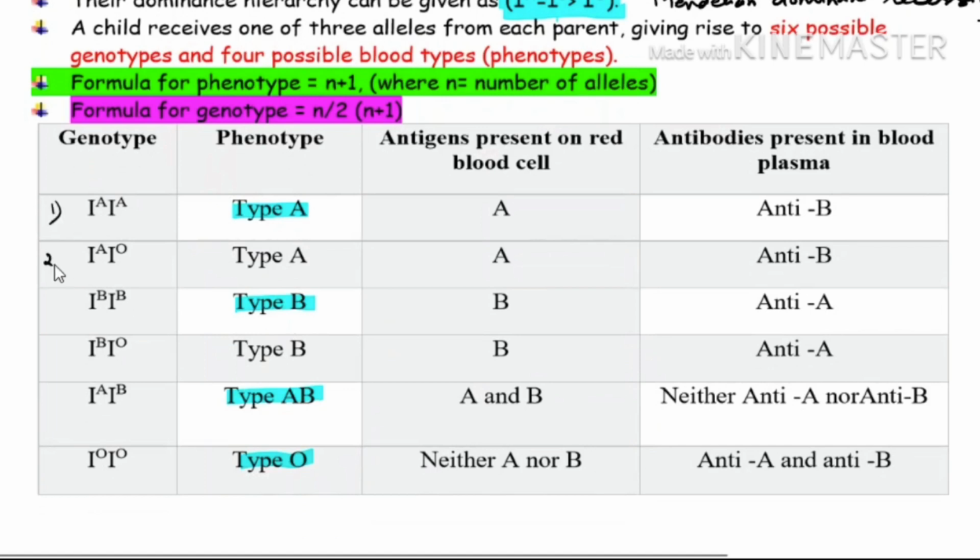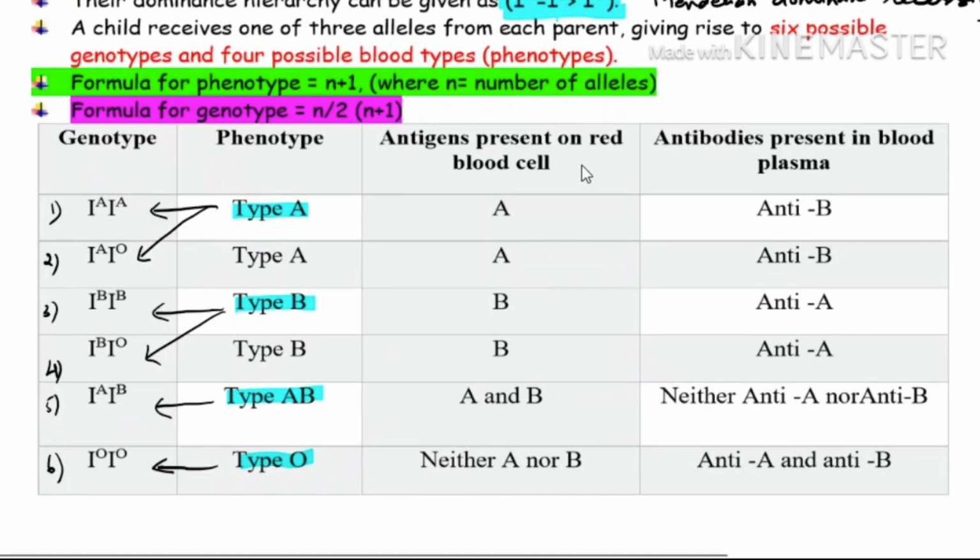First genotype, second, third, fourth, fifth, and sixth genotype. So blood group A can have 2 genotypes. Same, blood group B can have 2 genotypes. But AB can have only 1 genotype and O blood group can have only 1 genotype.